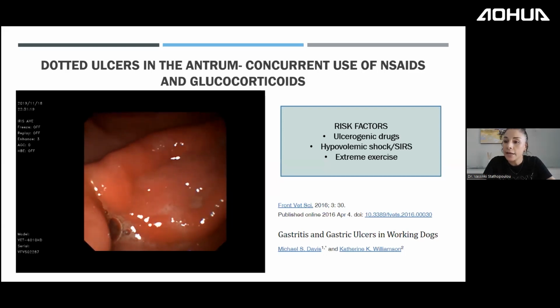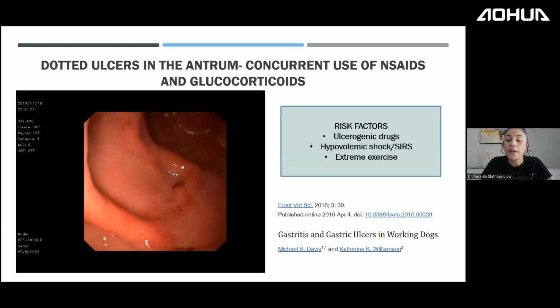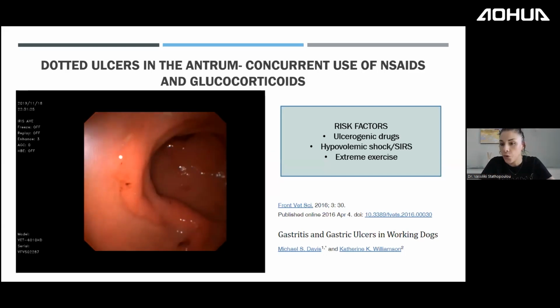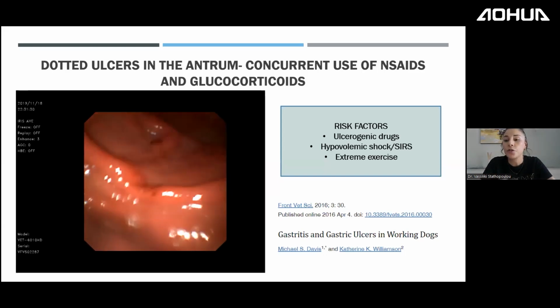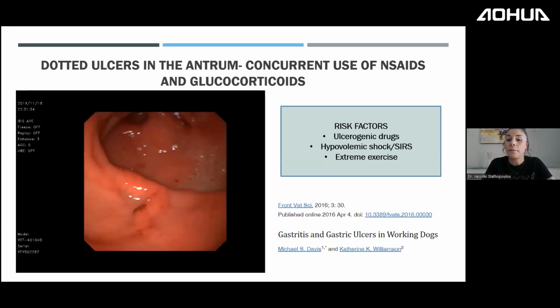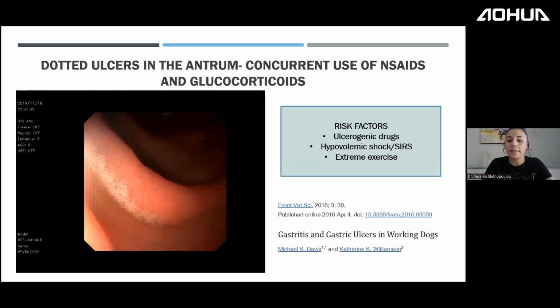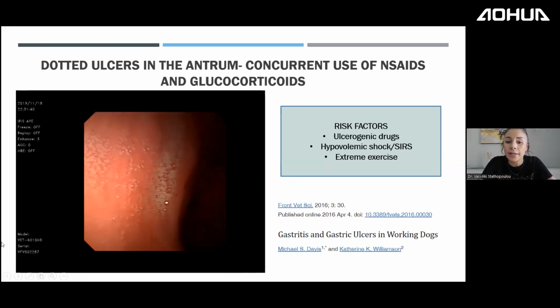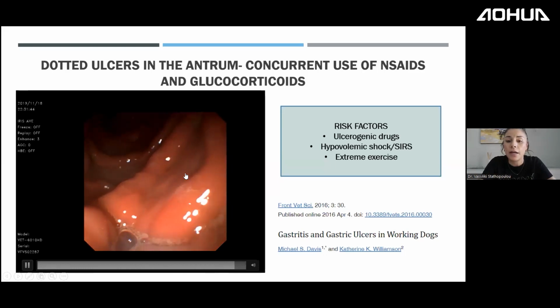And then, without a gap between these two medications, they tried corticosteroids. So these are dotted ulcers after 1 week of corticosteroid administration. Then the dog started vomiting, hematemesis. As you see, the ulcers are small dotted ulcers in the antrum area.